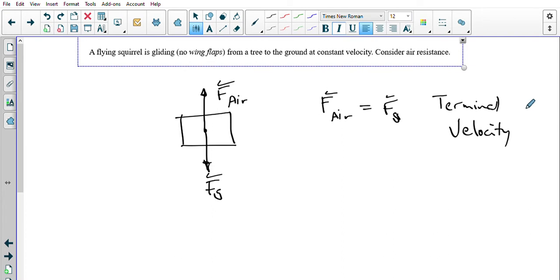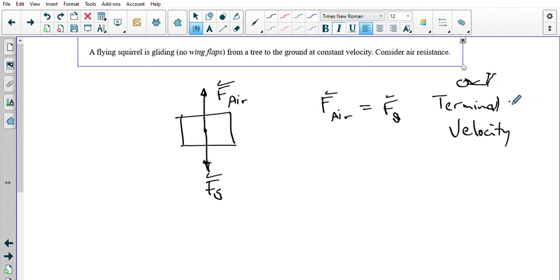Now, this has nothing to do with dying, hopefully. In terminal velocity, we have balanced forces. The force of gravity and the force of the air resistance are equal to each other. Now, a skydiver jumping out of a plane has their feet up and their arms up. They're falling and they will reach a terminal velocity where they're not going any faster.